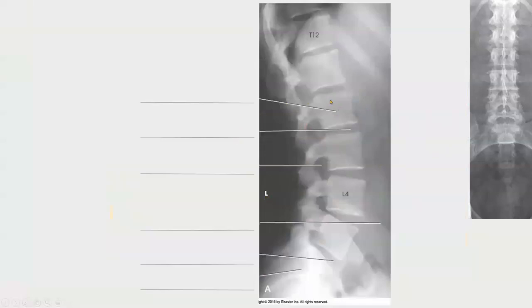Okay, what is this vertebrae? L2. Body of L2. Next one. Intervertebral? Intervertebral would be back here. So what's between the body of L2 and L3?